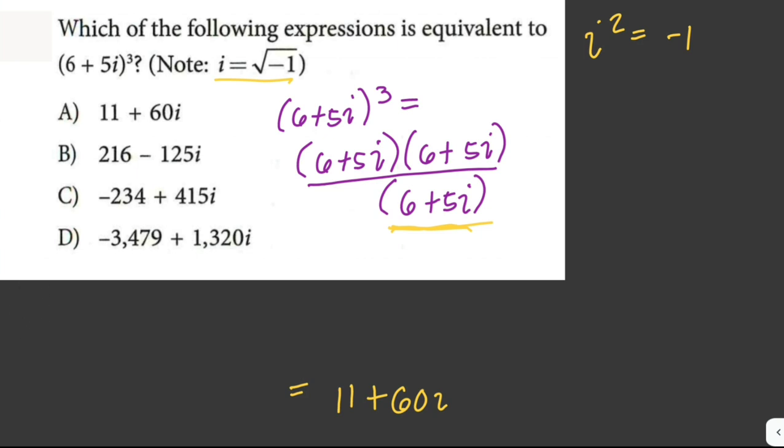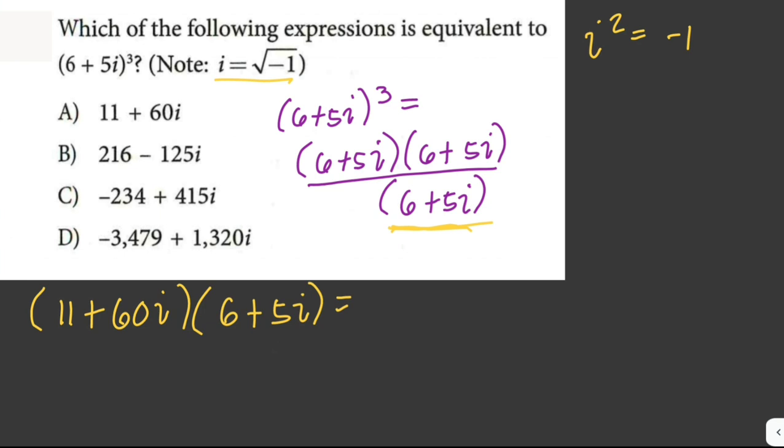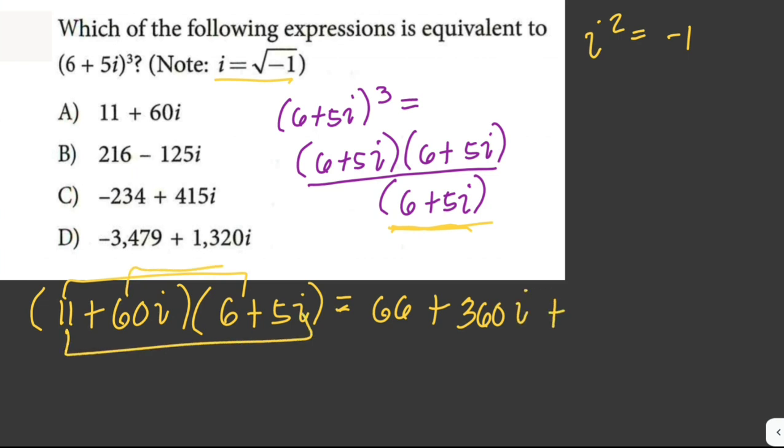And now we can multiply this binomial by 6 + 5i. We have (11 + 60i) times (6 + 5i). So this would be 11 times 6 is just 66, plus 60i times 6 is just 360i, plus 11 times 5i is 55i, then 60i times 5i is just equal to 300i².